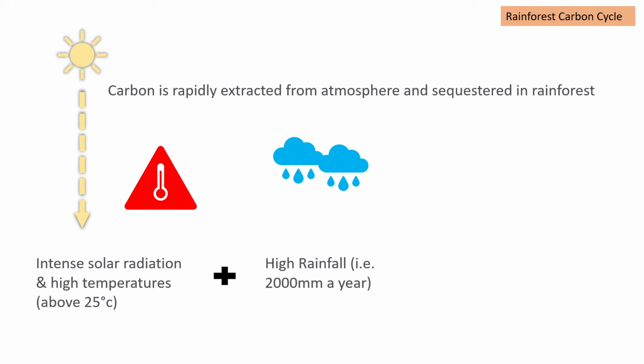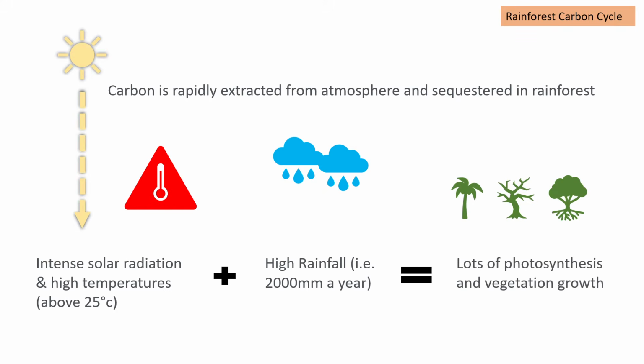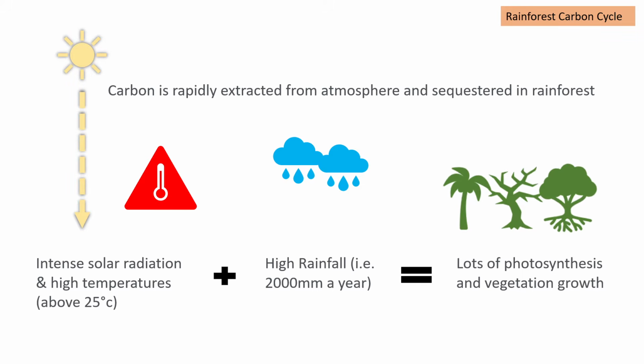This combined with the heavy rainfall, so high temperatures and heavy rainfall, we've got 2,000 millimeters a year on average, they allow really good conditions for photosynthesis to occur. And when we get photosynthesis occurring, we obviously get vegetation growing. So carbon is moving from that atmosphere into the biosphere at a very rapid rate in the tropical rainforest.